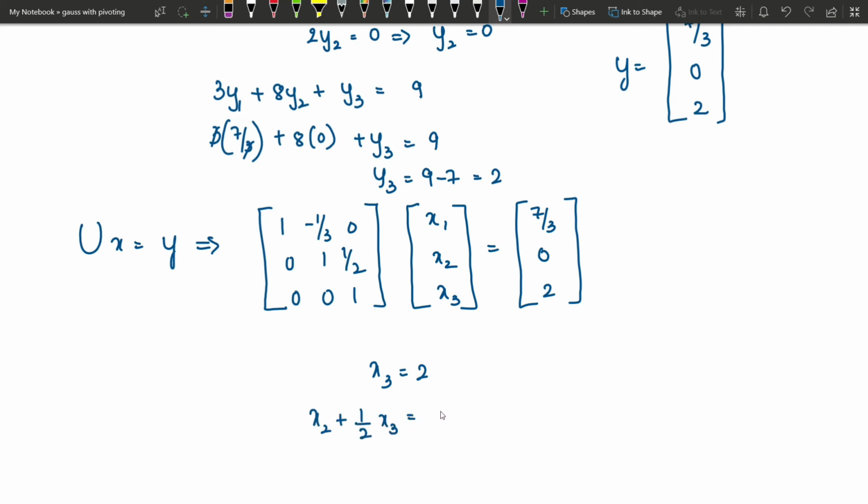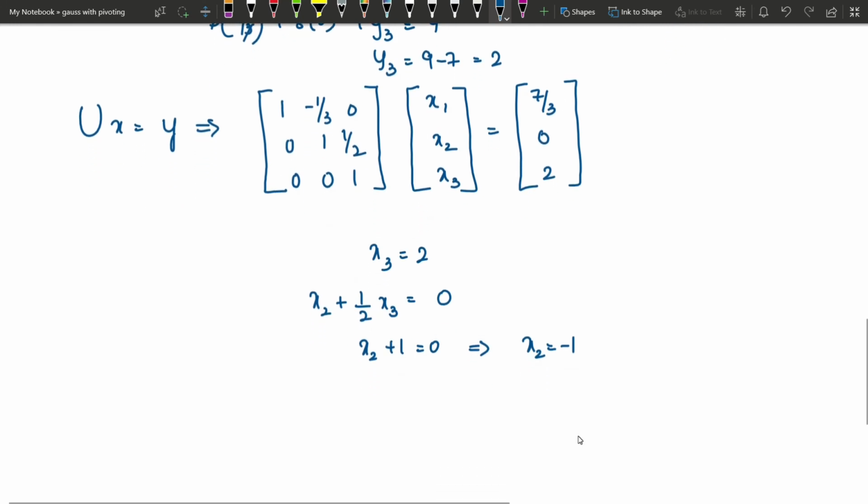Okay, that is one equation. Now we'll take the second one where we don't have x1. So 1 into x2 plus half into x3 equals 0. Now x3 is 2. So 2 and 2 get cancelled. So x2 plus 1 is 0, implies x2 is minus 1.